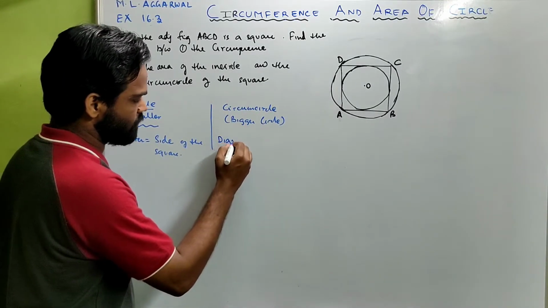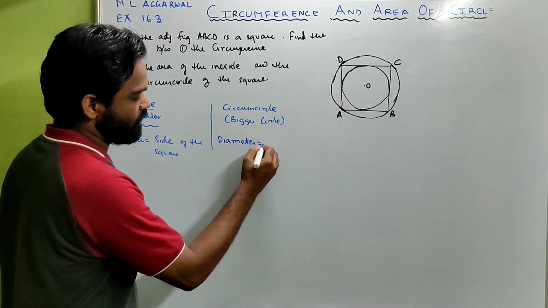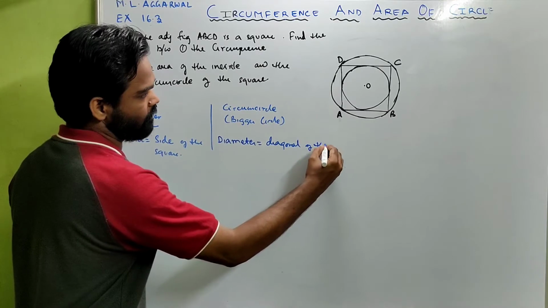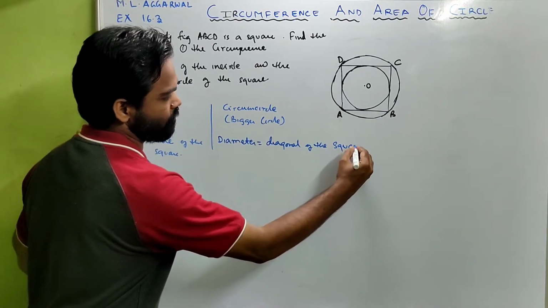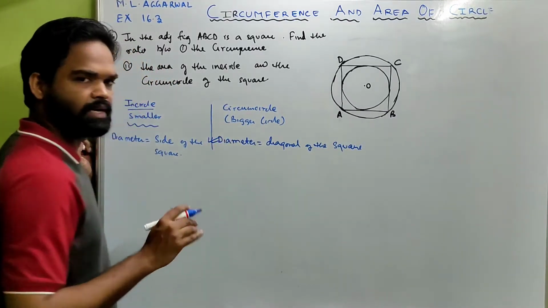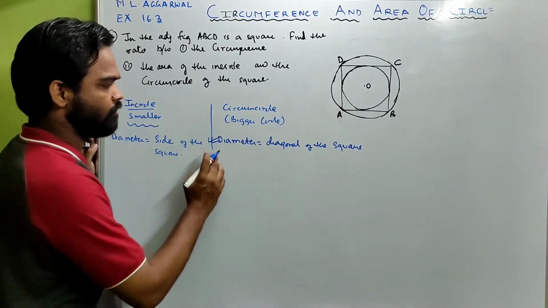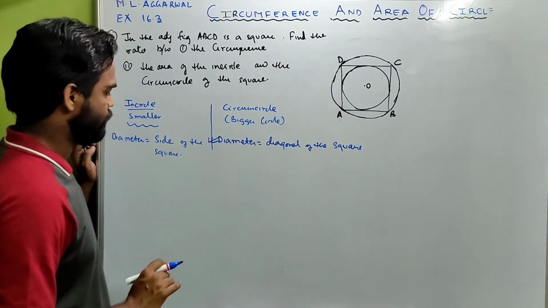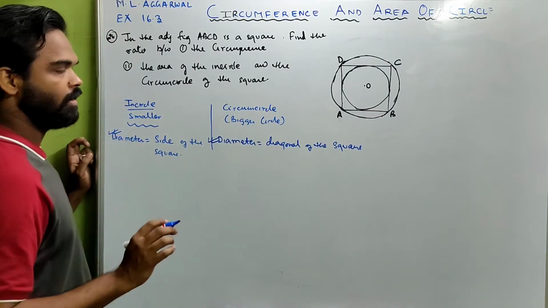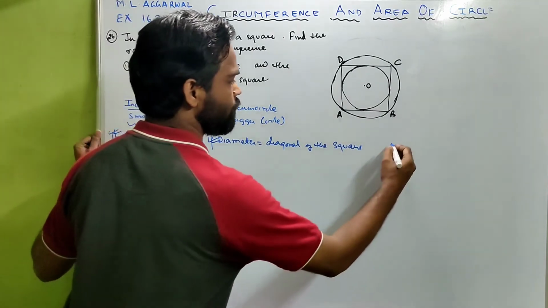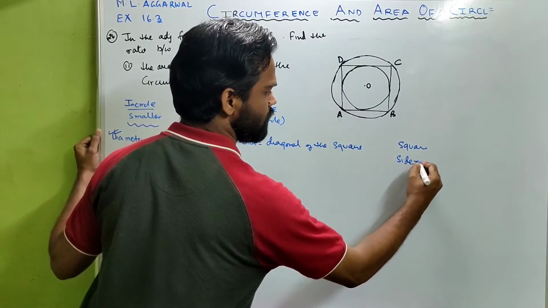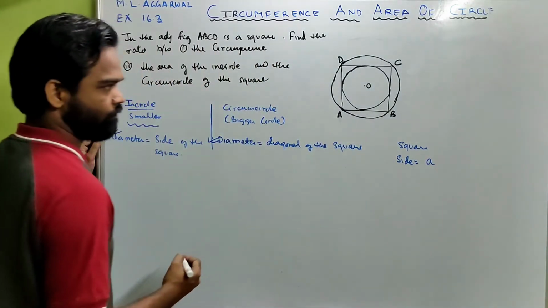The diameter will be equal to the diagonal of the square. We'll do a proving of this later. In one of the videos, I'll do the proving, how the diameter is equal to the diagonal of the square. Okay? Now look carefully. For the square, suppose the side is A unit.